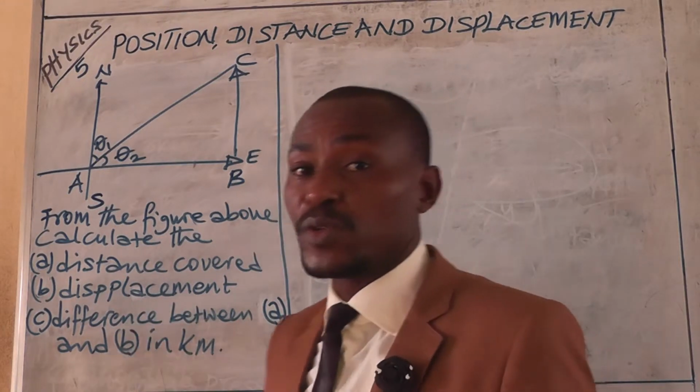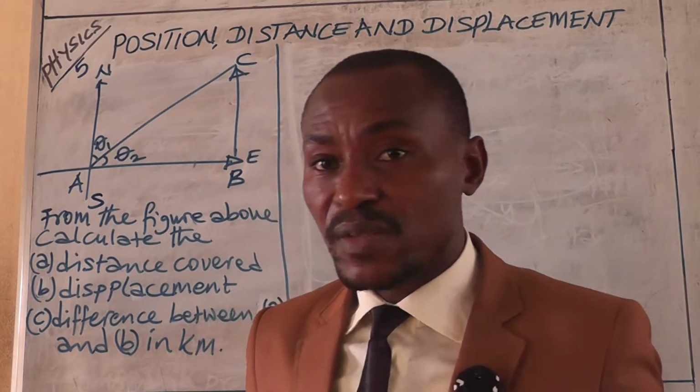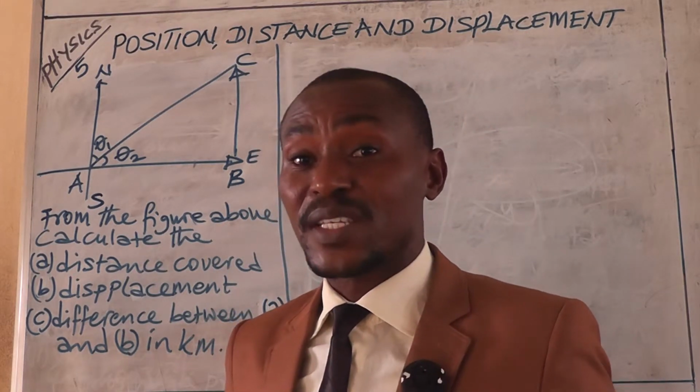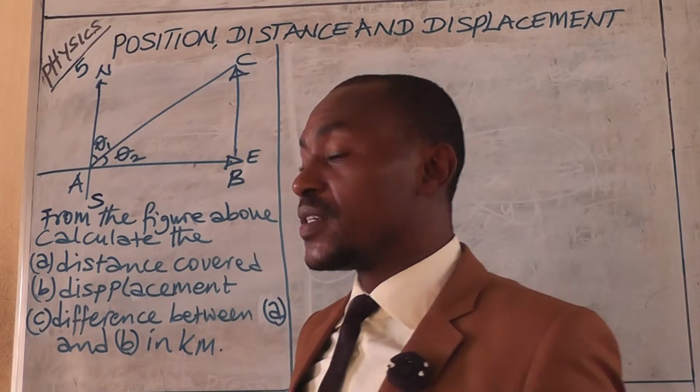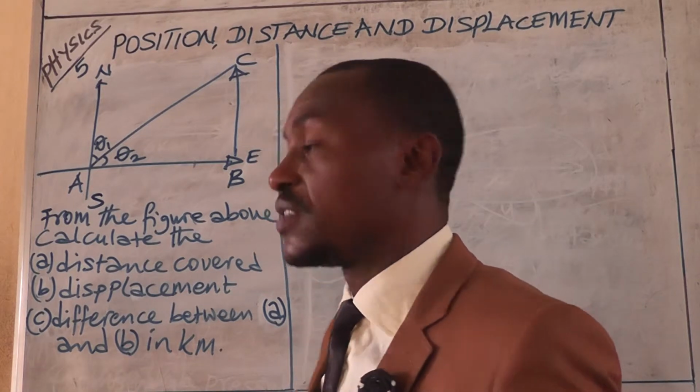So calculate the difference between distance and displacement. Now there must be a difference because in general, the distance value is always higher than the displacement value. So they say we should find the difference.